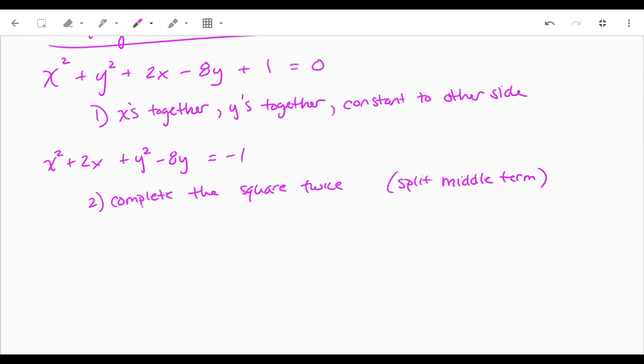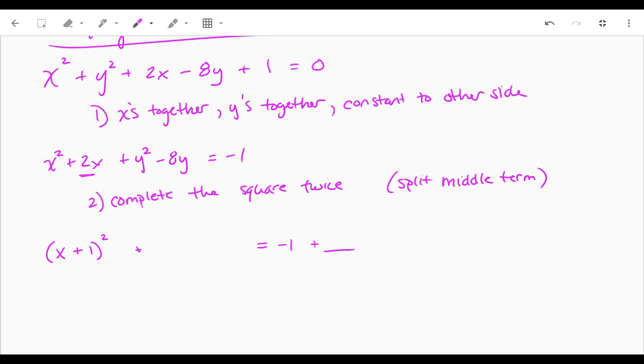Half of 2x is 1x, so we can complete the square, making that (x + 1)². Now, remember when you complete the square, you add on another constant. So we just added something to the left-hand side, and we need to make sure we add it to the right-hand side. We'll get there in a second.